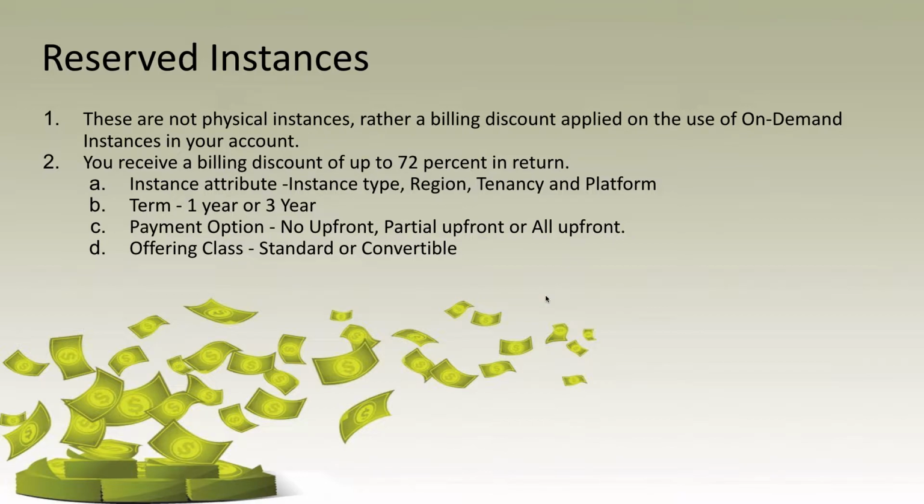Another thing is whether you want to go with a standard or convertible type RI. If you choose standard, whatever family type you have chosen will restrict you to that family type only. So suppose you purchase the instance type R4, then you can save money only on R4 instance types. You cannot convert it if you decide to later on, say from R4 to M5.